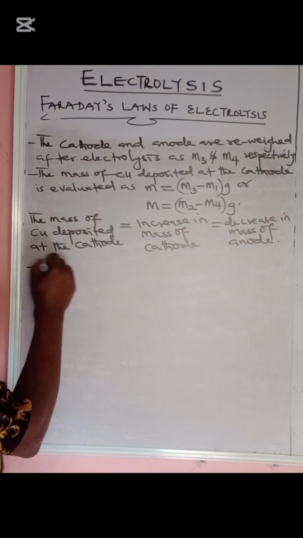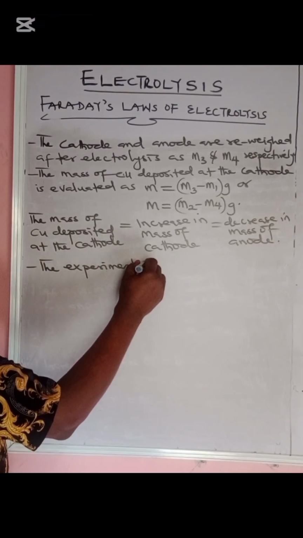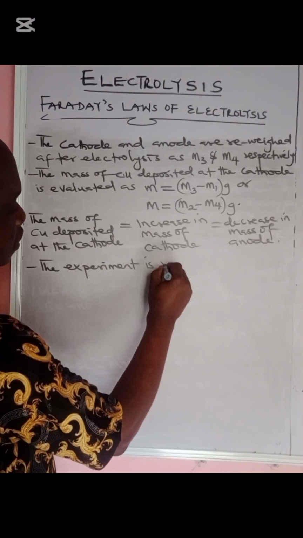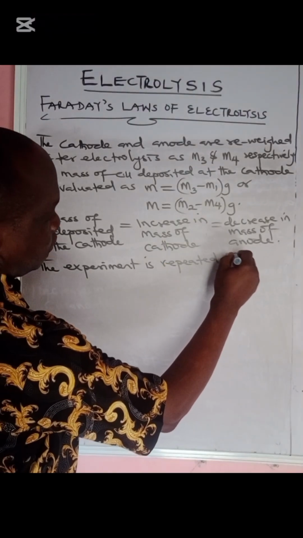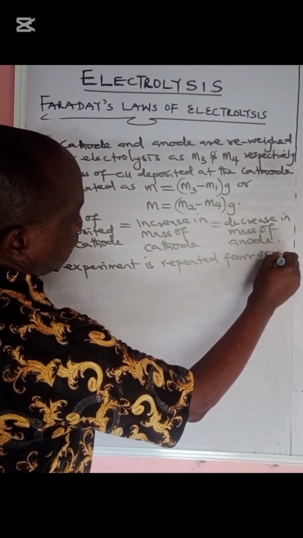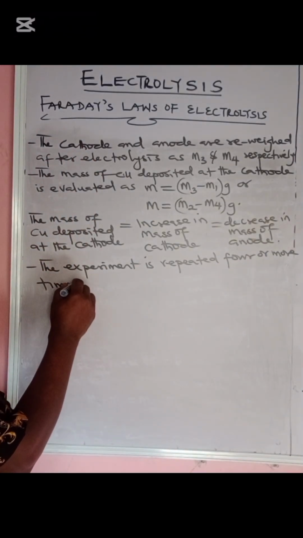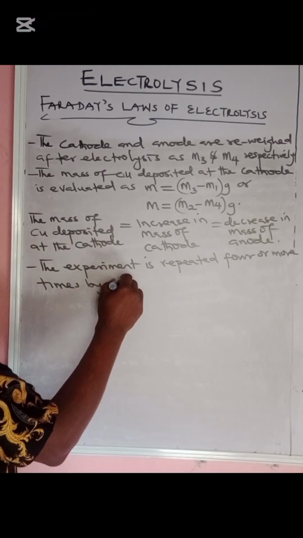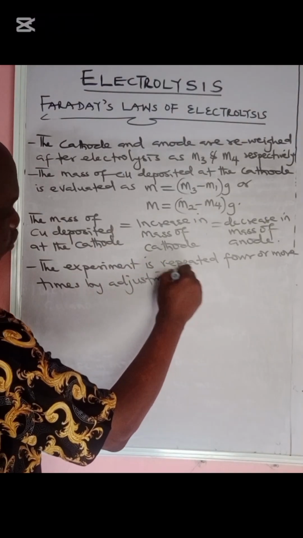So the experiment is repeated 4 or more times by adjusting the rheostat.